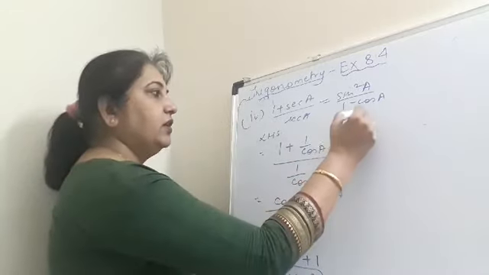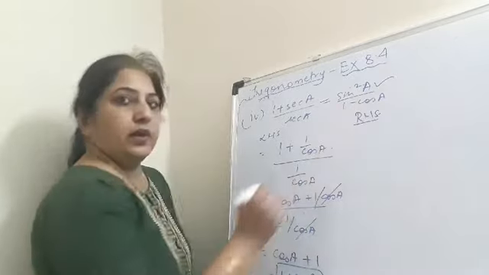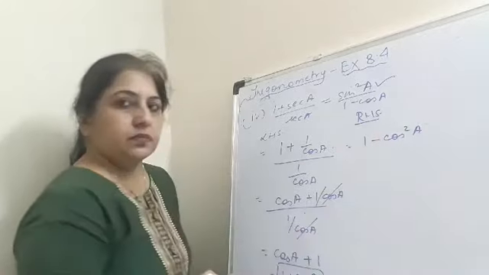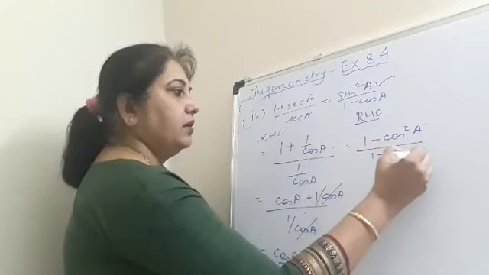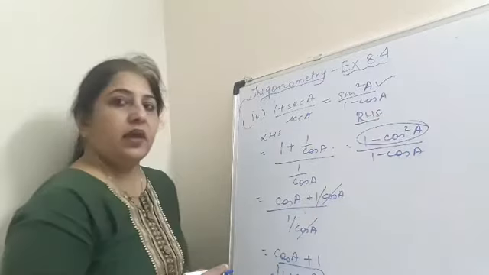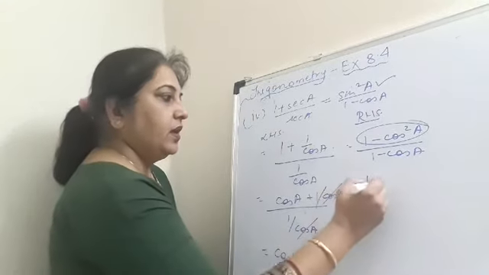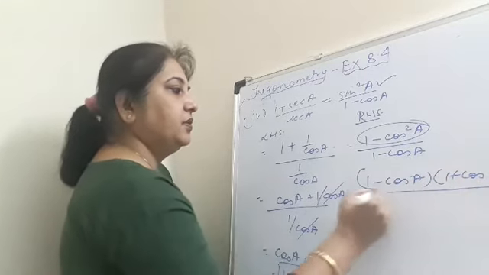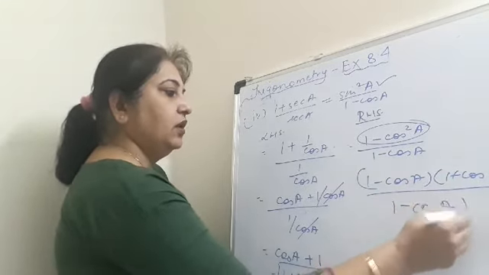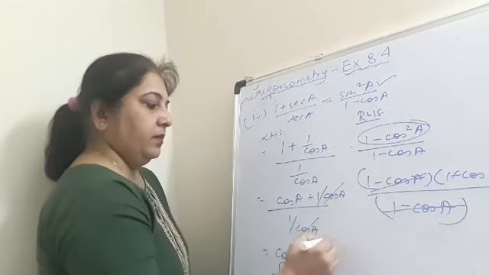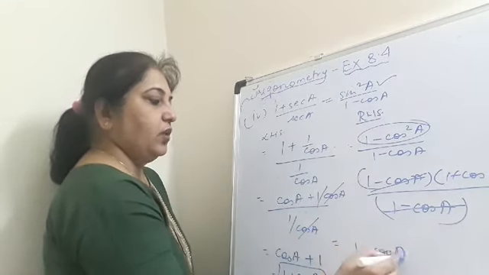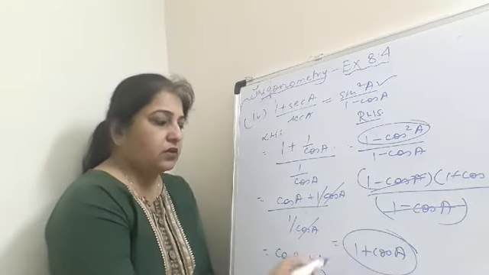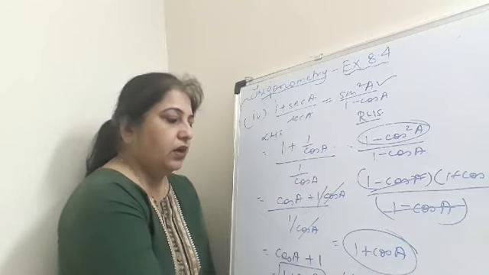Now I can also solve the right hand side, sine square A. Sine square A I can write as 1 minus cos square A upon 1 minus cos A. 1 minus cos square A means a square minus b square, so 1 minus cos A into 1 plus cos A. Identity number 3, which we've done in class 8th also, which cancels with the denominator, and therefore in the right hand side also I get 1 plus cos A. And therefore 1 plus cos A and 1 plus cos A, LHS is equal to RHS.